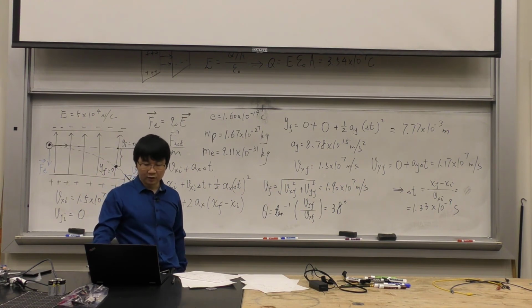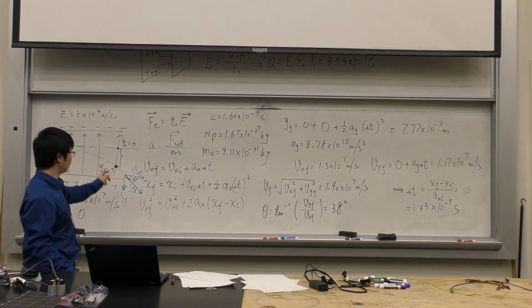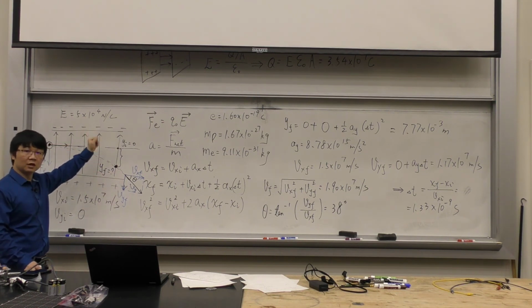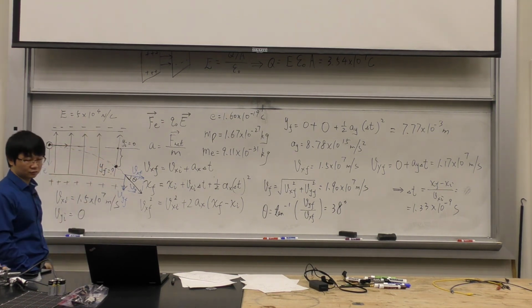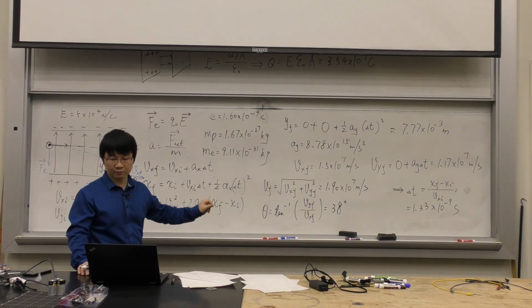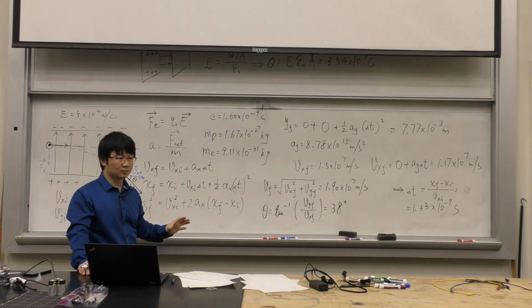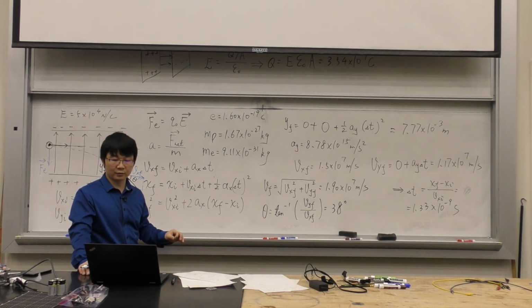So that's about 8 millimeters. And of course the direction is down, not up, because it's deflected down. The electric field is up, and the force is down because it's a negative charge. That's the original number, about 8 millimeters. That's usually the distance when you're dealing with these elementary particles.